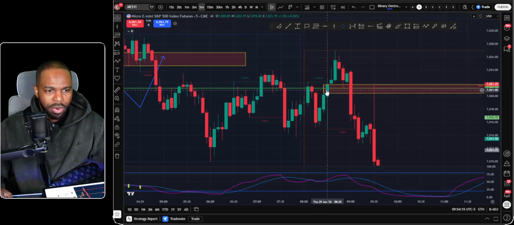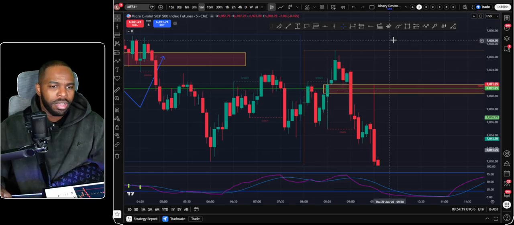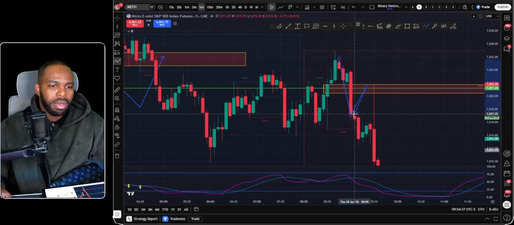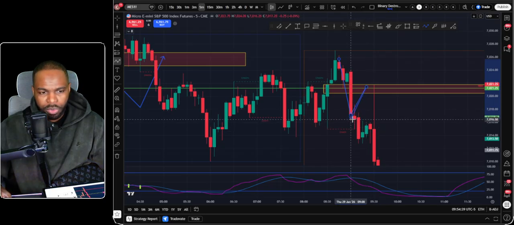As you can see, this right here is a bullish engulfing. Once price closes below it, the best thing to do is wait for a pullback into that inversion fair value gap, because once price closes below this bullish fair value gap, it turns into an inversion fair value gap.